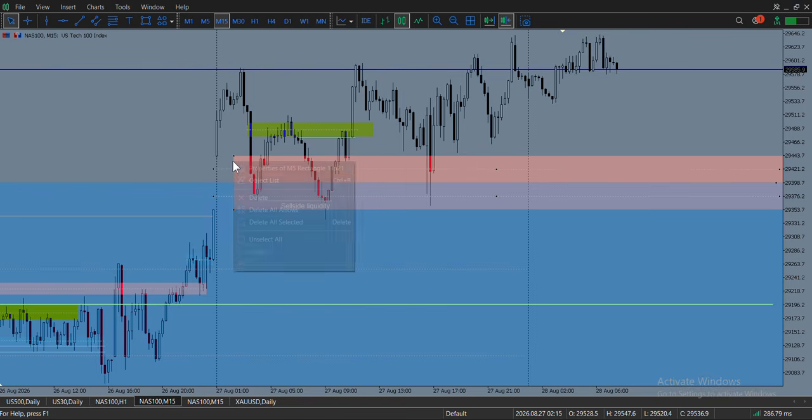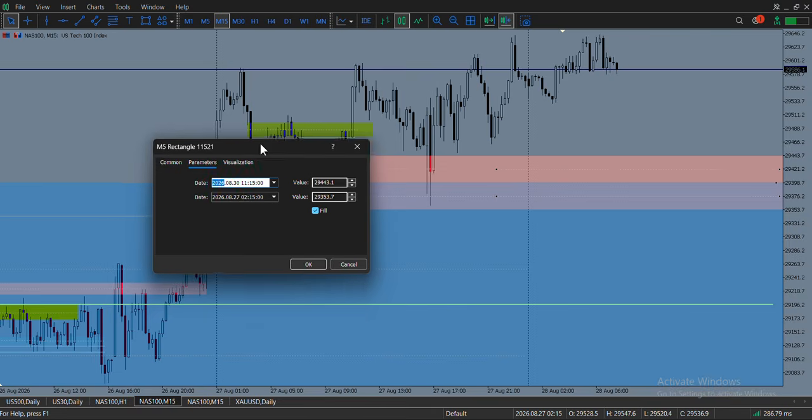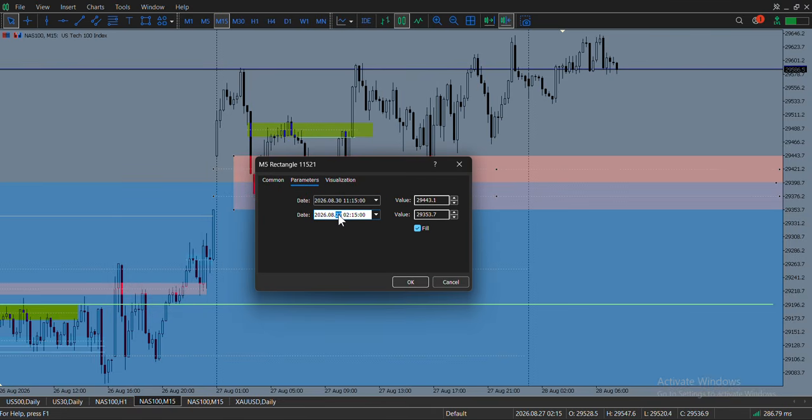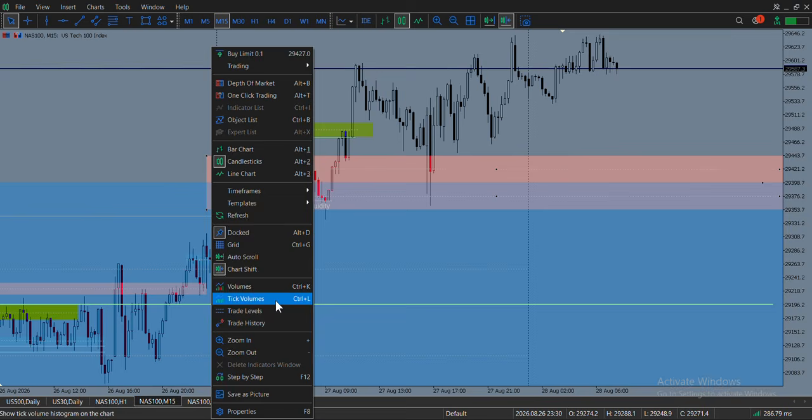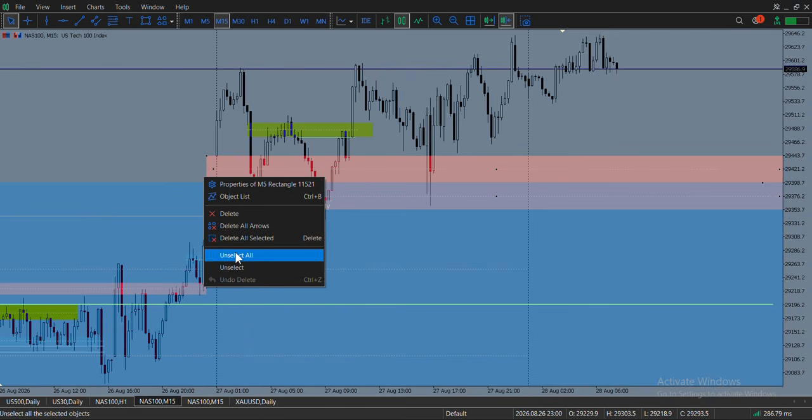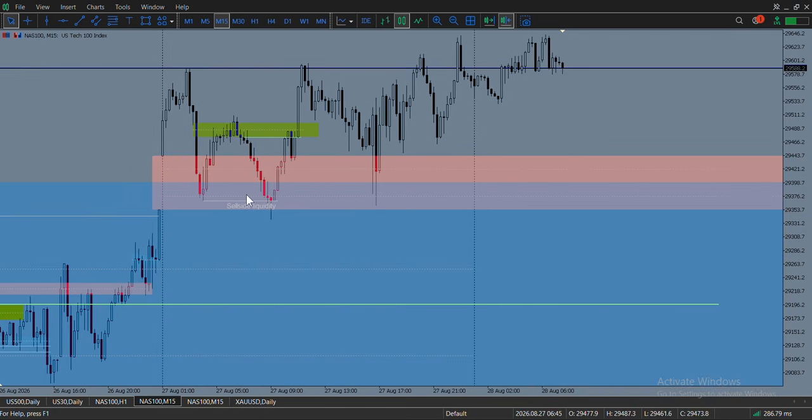This is supposed to be behind, let's say 6th, 23. Okay, it's right there. So I'm going to leave that new day opening gap here.